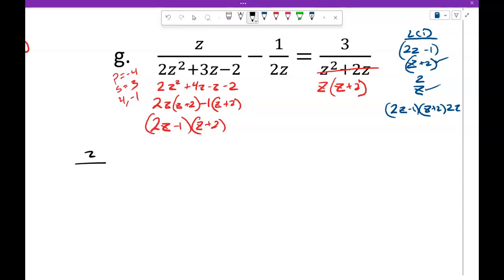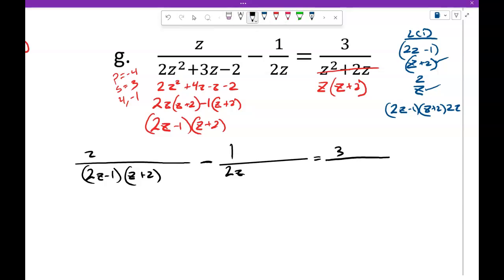So let's write this out. Two z minus 1, z plus 2, and 2z.